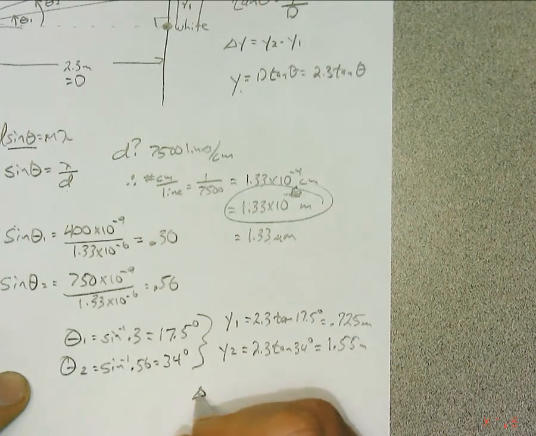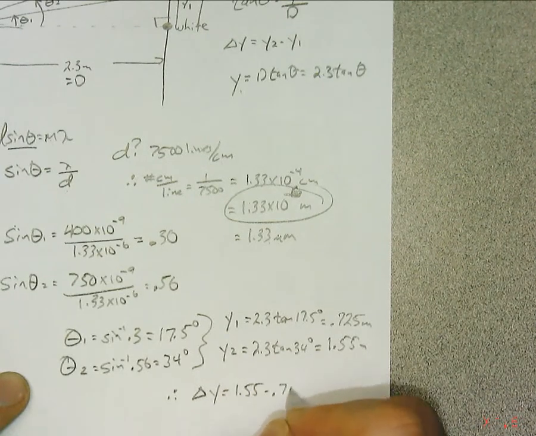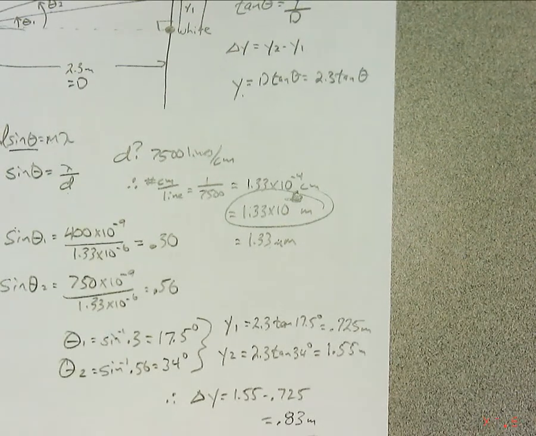Therefore, delta y is equal to 1.55 minus 0.725, which is 0.83 meters, 83 centimeters. I got 84 on my worksheet, but that's just rounding error apparently. Okay, so there you go.